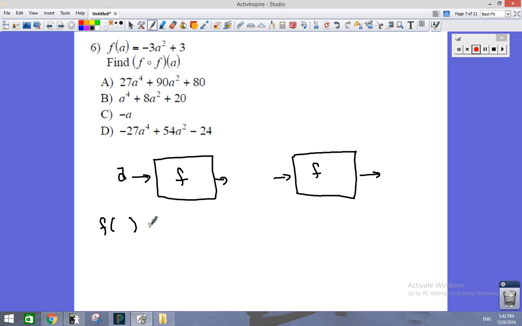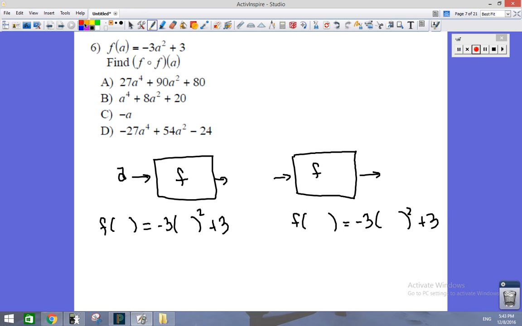F is very consistent. F creates an addition problem, where the first term it always gets by taking negative 3 times whatever number or expression you give it, squared, then plus 3. Well, this f does the same thing. The first term is negative 3 times the input squared, plus 3.